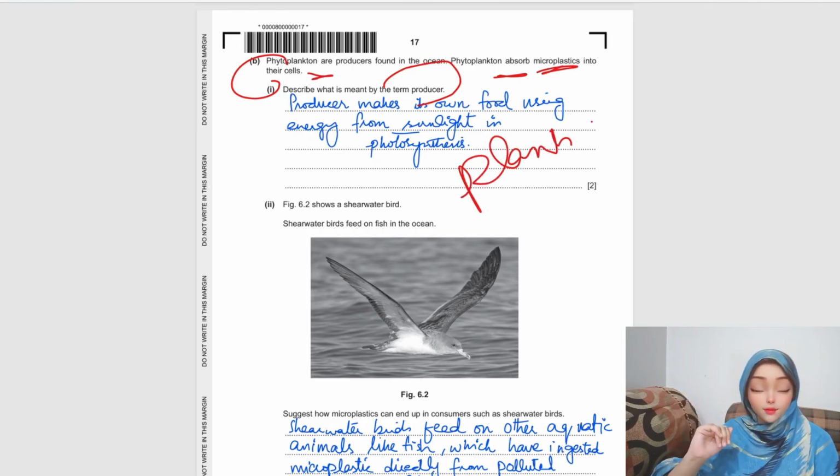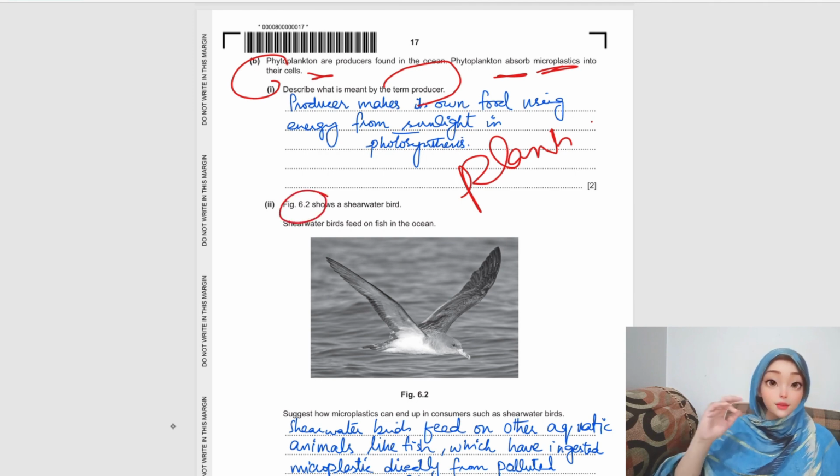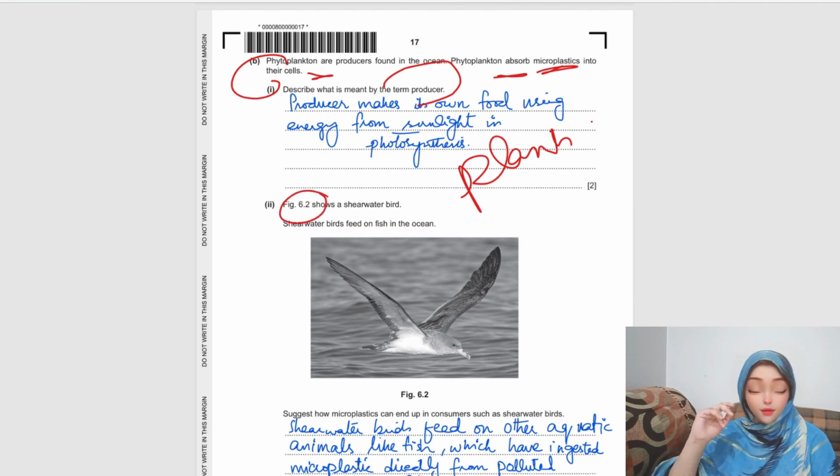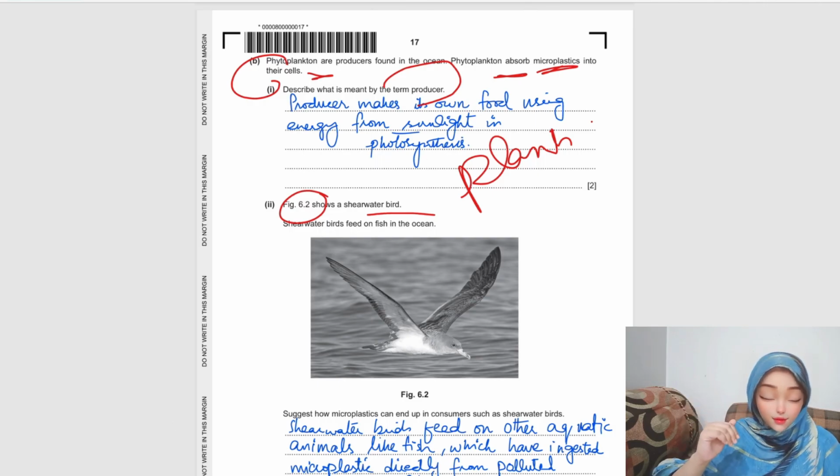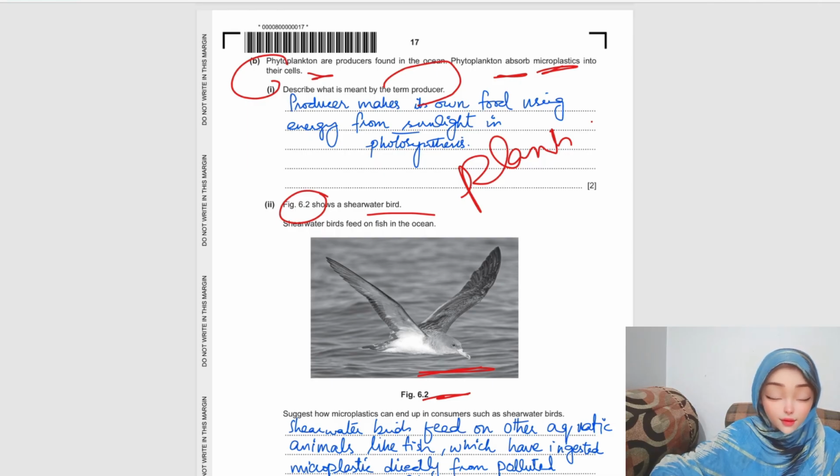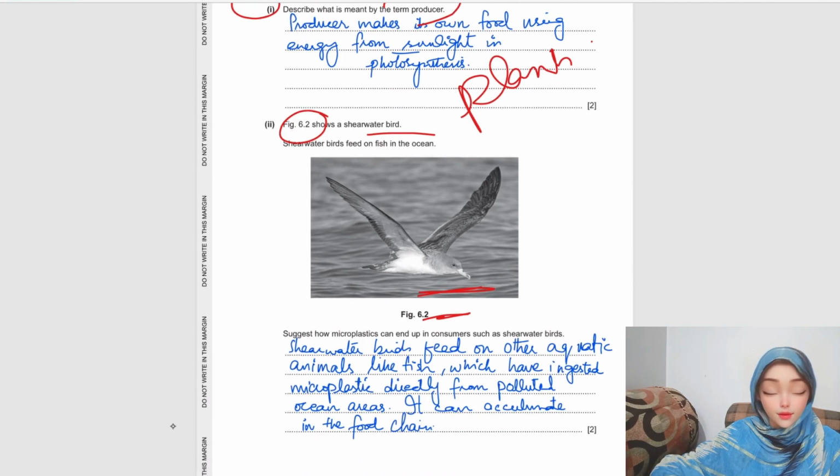In the next question, in figure 6.2, you may observe the shearwater bird that feeds on fish in the oceans. So suggest how microplastic can end up in consumers such as the shearwater birds.